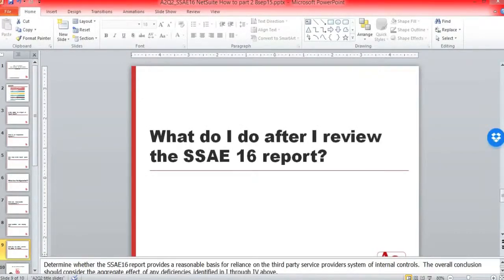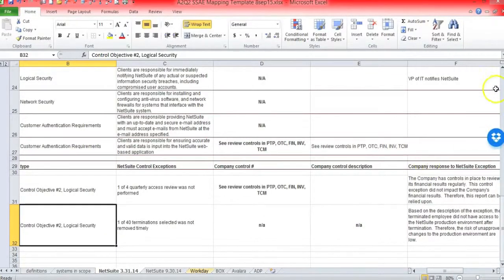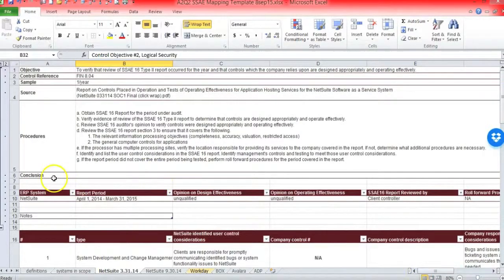So what we do at the end of all of this is you have to basically document your conclusions somehow so that the auditors know that you've looked at it and that you are choosing to rely on this SSAE16. And so right here in our work papers, we actually have a conclusion box.